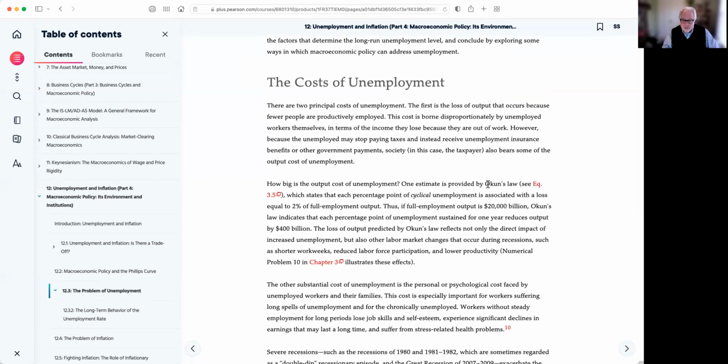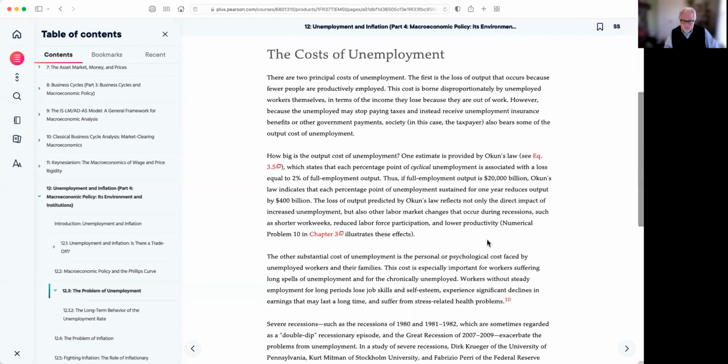You can go back to Okun's Law back in chapter 3. Higher unemployment means less output. We're not at potential GDP. We're producing less than the economy could. So that's output that could be used for consumption and for good purposes, but it's not available to people. So that's lost output.